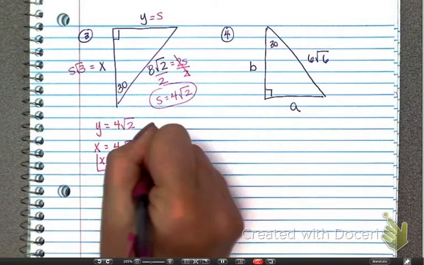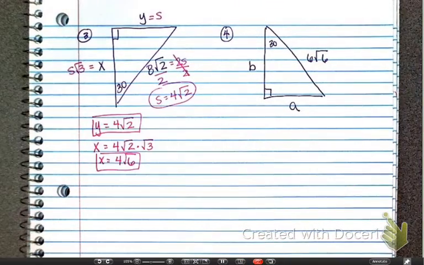And I know 6 does not simplify, so I'm just going to leave it like that. Okay. Are we okay with that?